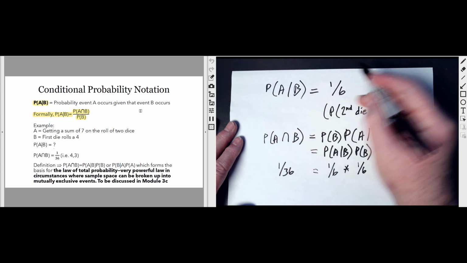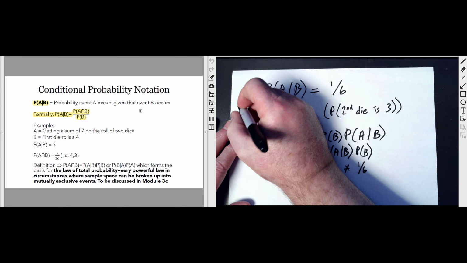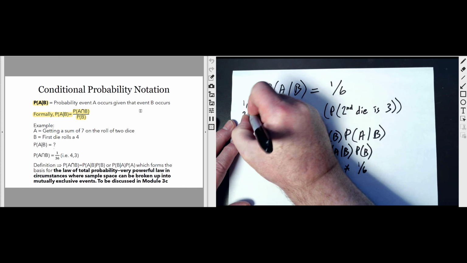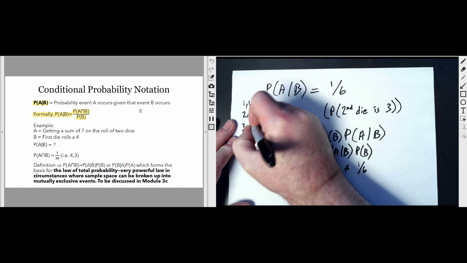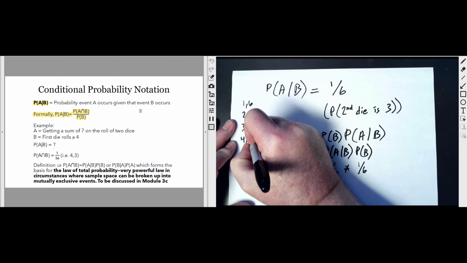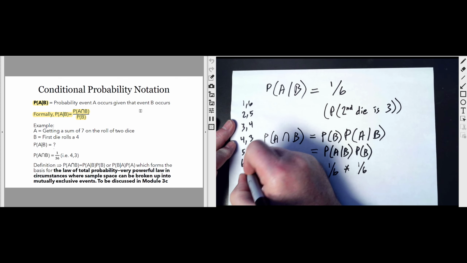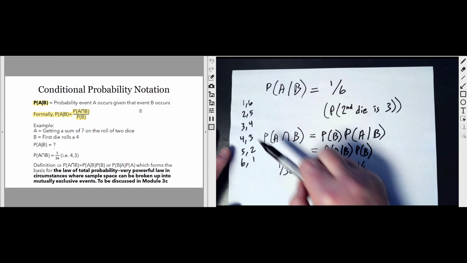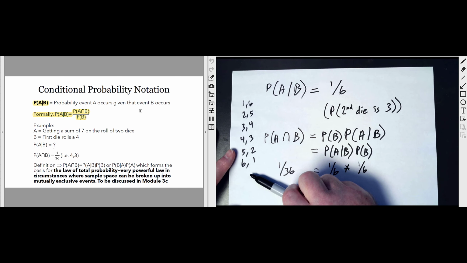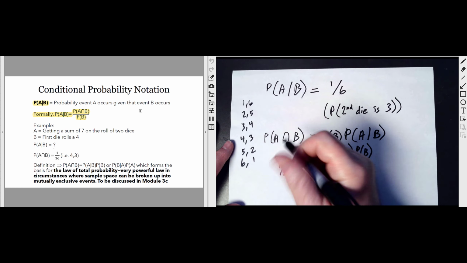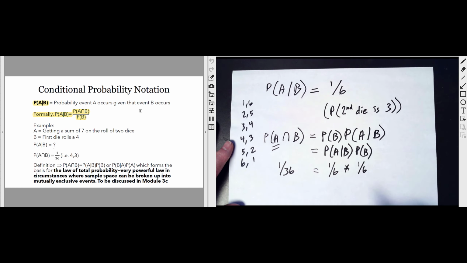So those are the possibilities for A. I should write this down. So there are 6 possible outcomes of 36 total outcomes in which event A is true.